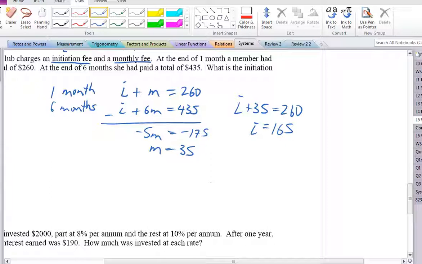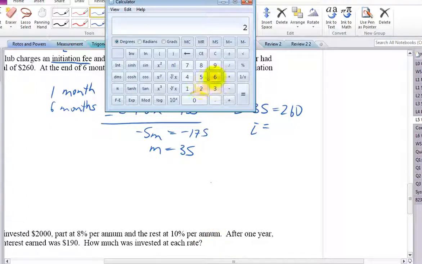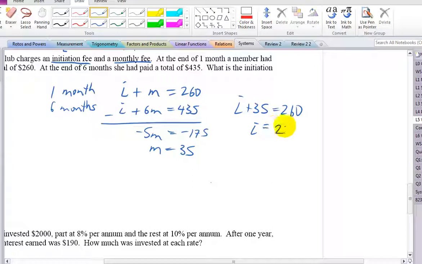Okay, then answer the question. That's not right. Thanks. Here's the wrong number. I think 225. Okay. So what's the answer? Alicia? Sorry, Sierra.